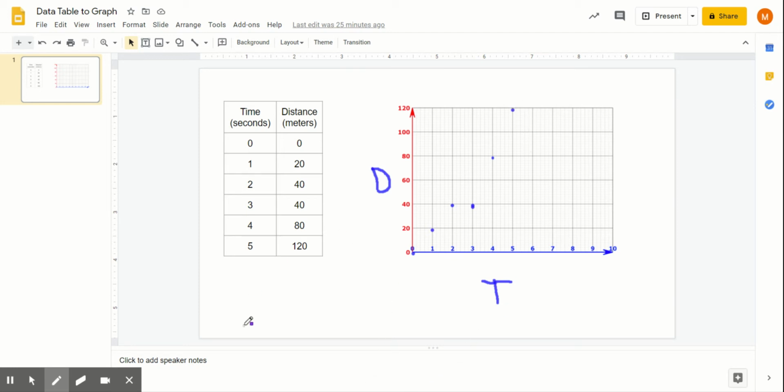Now, the next part of this is that I want to be able to connect these dots. And so I'm just going to grab some lines here. And let's see, let's connect that one. That looks pretty good. And I'll go up here, right there. That looks pretty good to me.